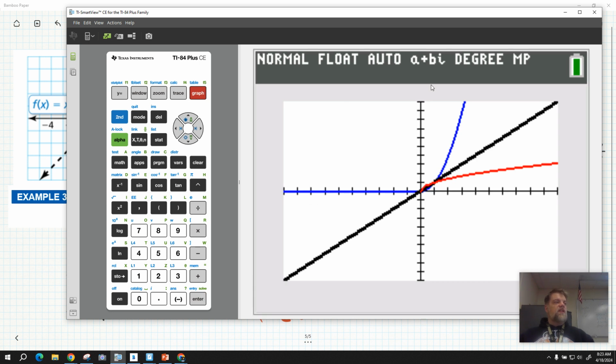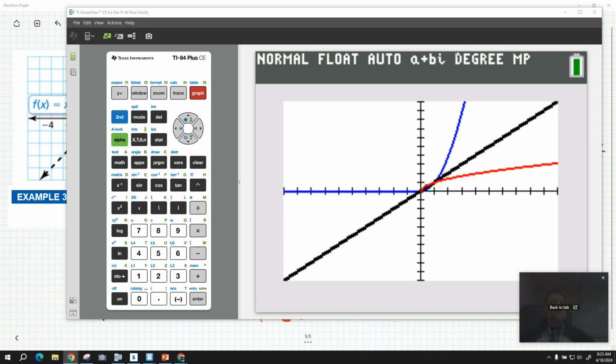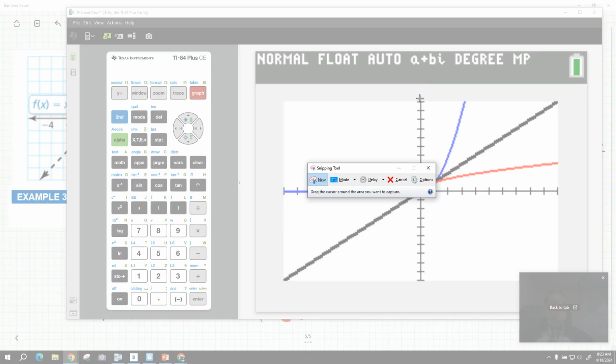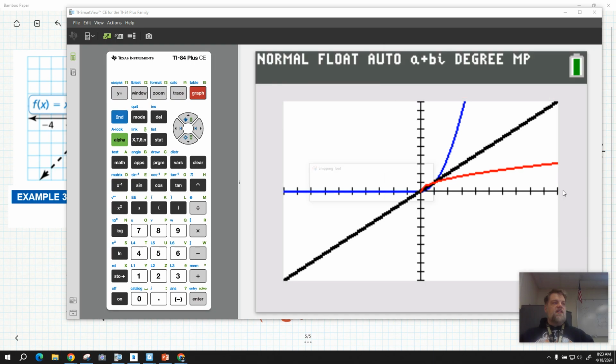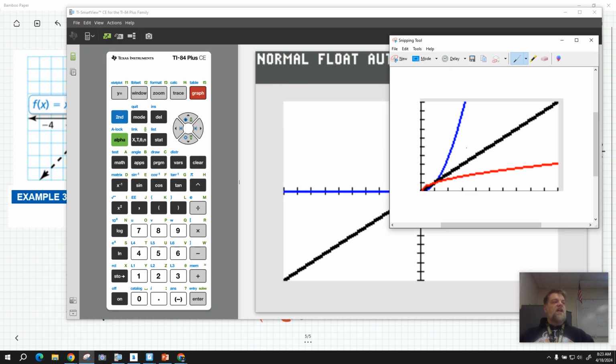What we're really interested in is just this. The calculator does some wonky stuff over here, but you can see that this is the mirror image of this. So I'm just going to take the picture. Mr. Adams is a little rusty on the piecewise functions on the TI-80 series. I think there's a way to do it. But as you can see, f of x is the mirror image across the diagonal.